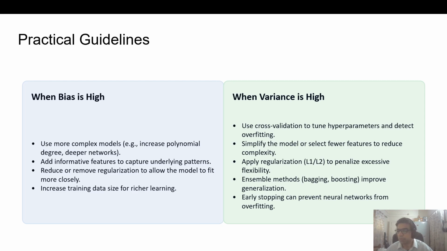Third would be to add L1 or L2 regularization to penalize large coefficients. Fourth would be use ensemble methods such as bagging or boosting to improve the generalization. And fifth, in case of neural networks, one can consider early stopping to prevent overfitting.